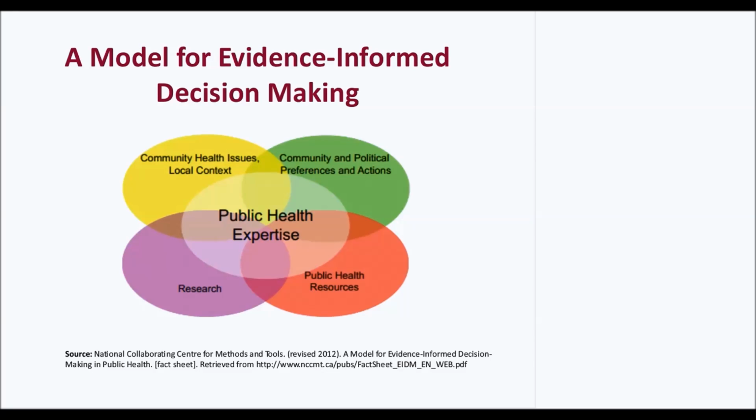And then we use our public health expertise to make sense of all of that evidence around how to either move forward or not with programming around housing improvement. So just thinking again around where this scientific evidence, both quantitative and qualitative, would fit into a much more complex decision-making process.